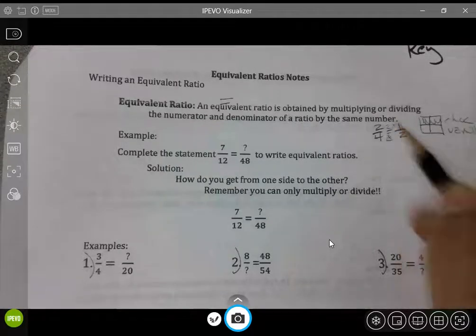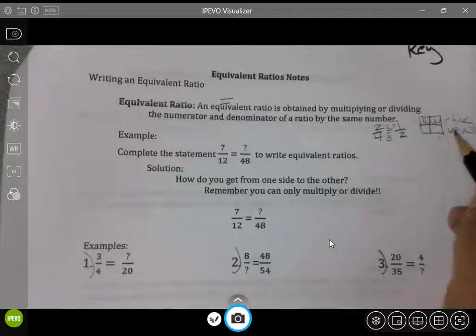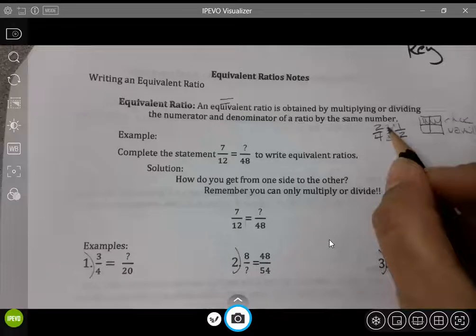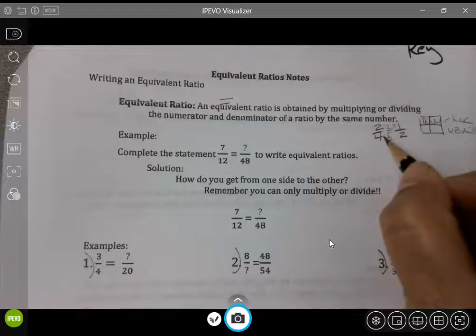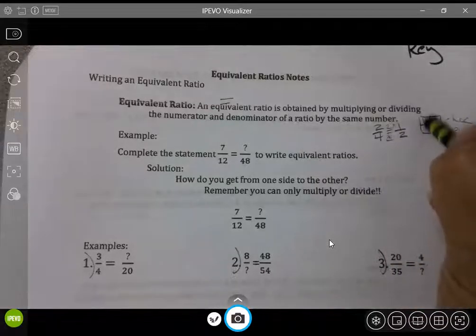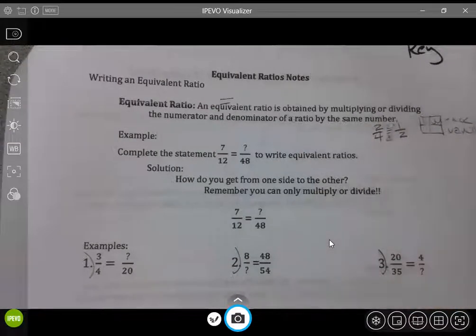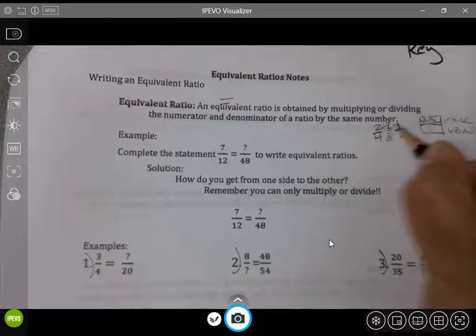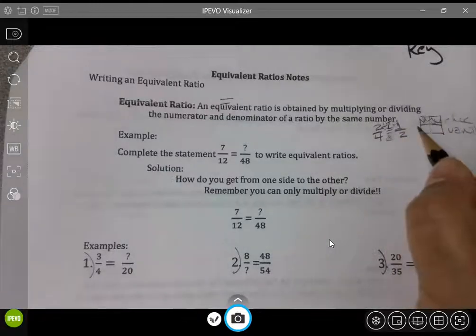And then if I had a bunch of cuts in it and I took away some cuts or erased some lines and I made it smaller, then I would be making it like this right here. If it was 2/4 and I erased this one line and took it down to 1/2, well, what did I do? I had to divide it by 2.